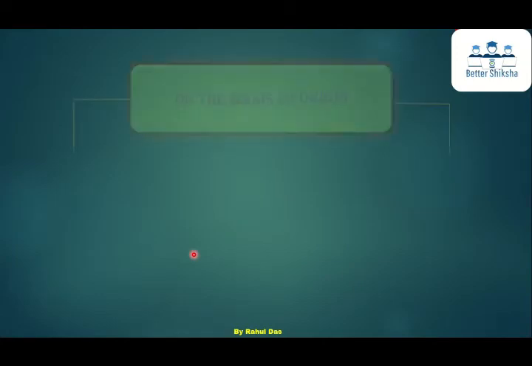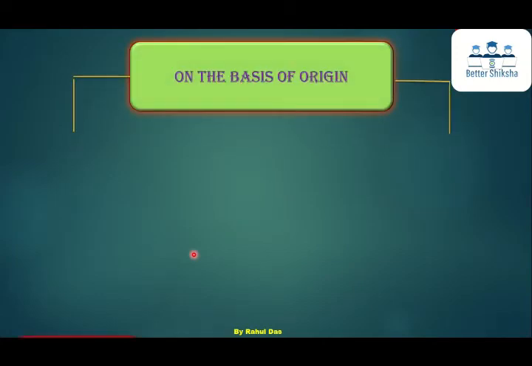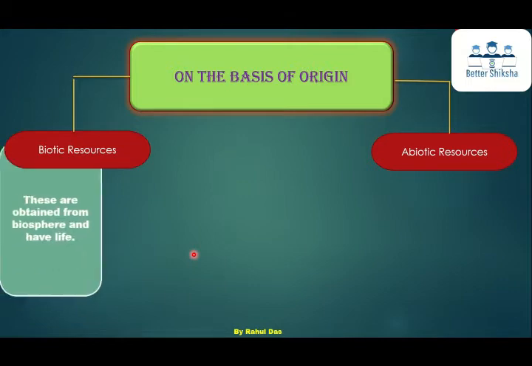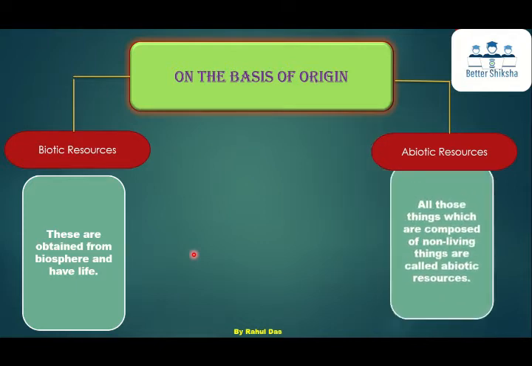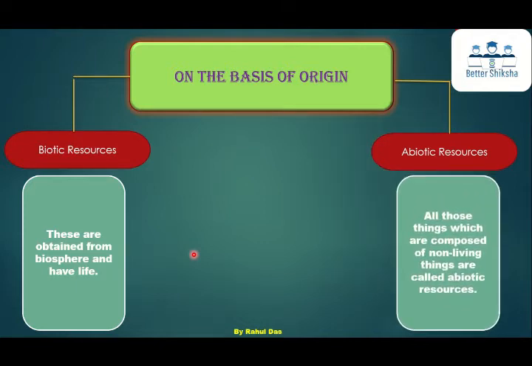Our first classification is on the basis of origin, and it is divided into biotic resources and abiotic resources. Biotic means living and abiotic means non-living. Biotic resources are often from the biosphere and have life, and abiotic resources are all those things composed of non-living things.